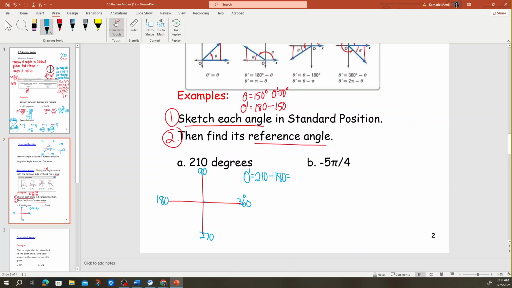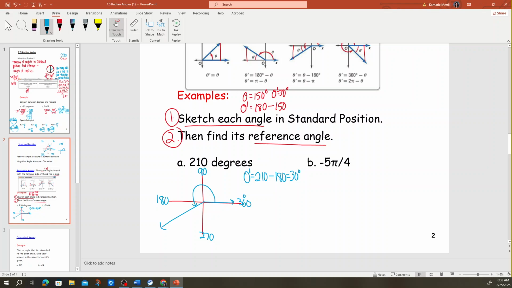Let's draw our initial side, and then we go around and draw the terminal side once I know where it's at. It's in quadrant 3, so 210 is bigger than 180. So I go 210 minus 180 to get this leftover. How much further beyond 180 did you go to get to 210? 30. Yep, a nice little 30-degree rotation. So now draw your terminal side.